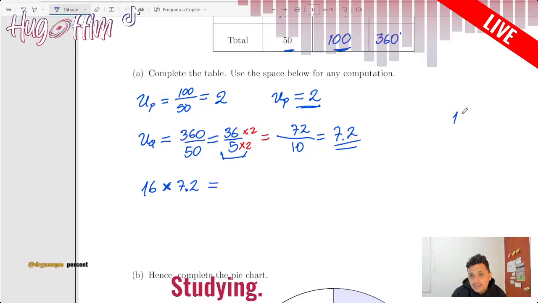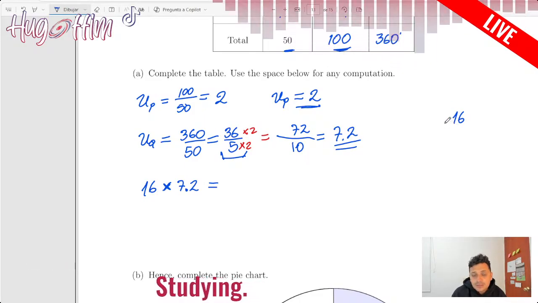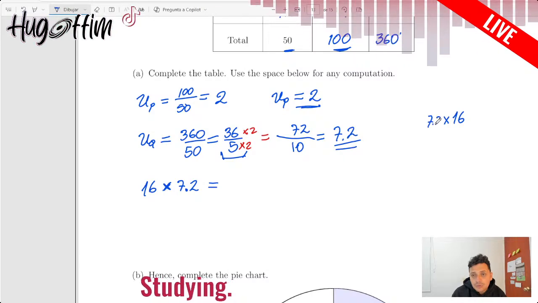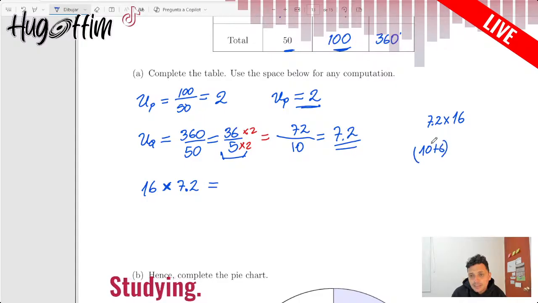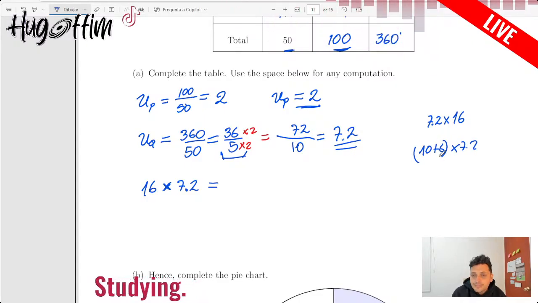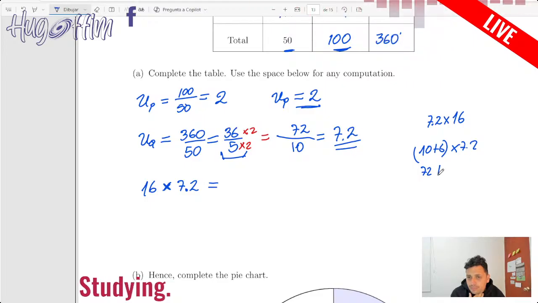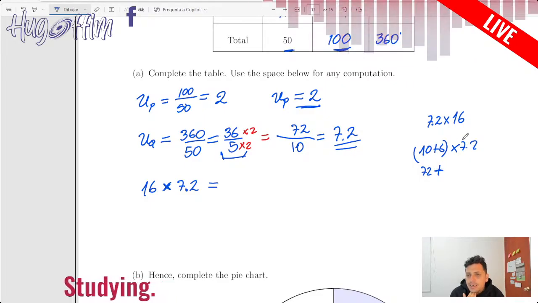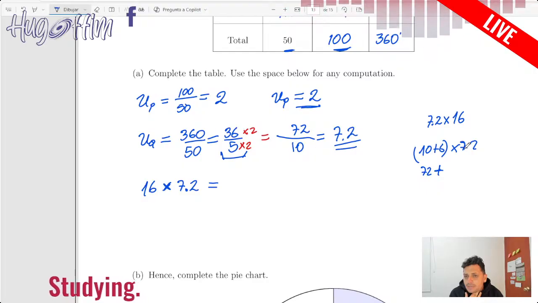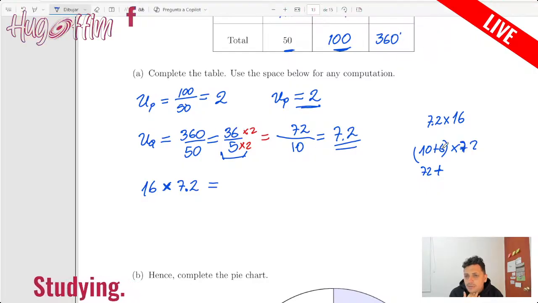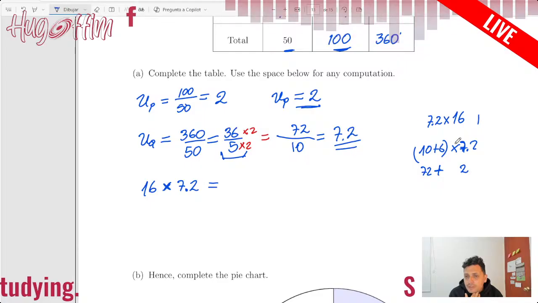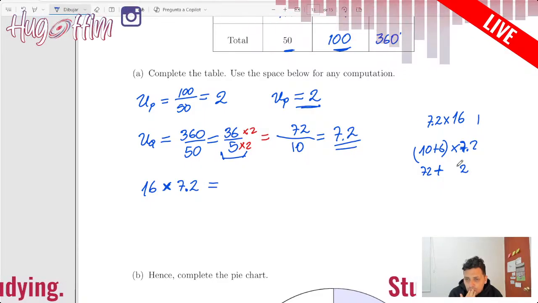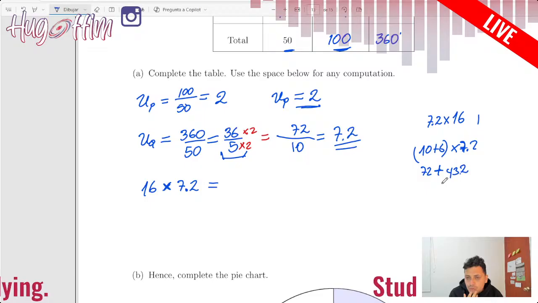So 10 plus 6 times 7.2: 72 plus 43.2. 6 times 2, 12, 6 times 7, 42, and 1, 43.2.